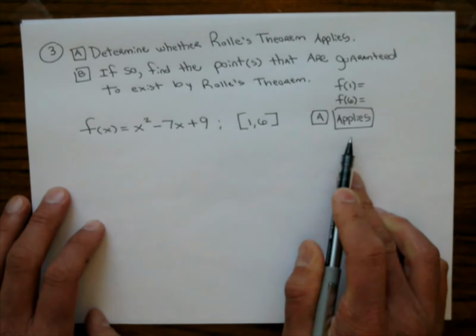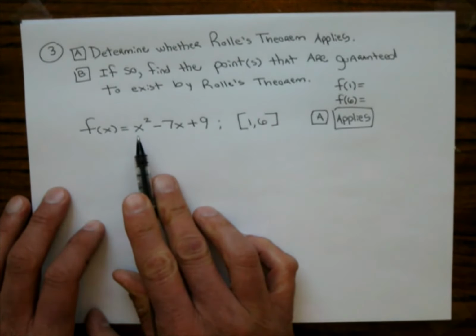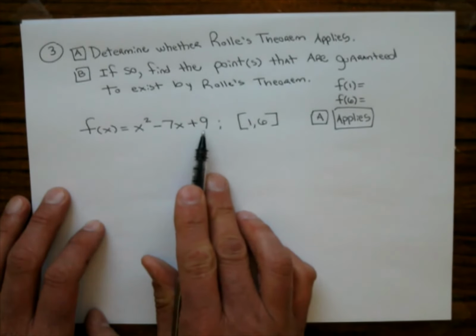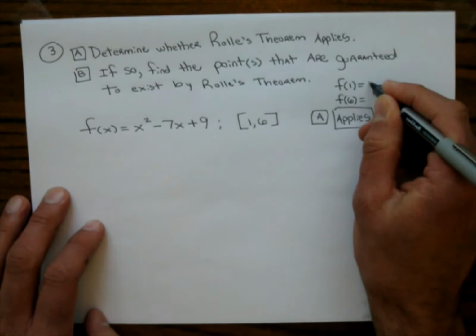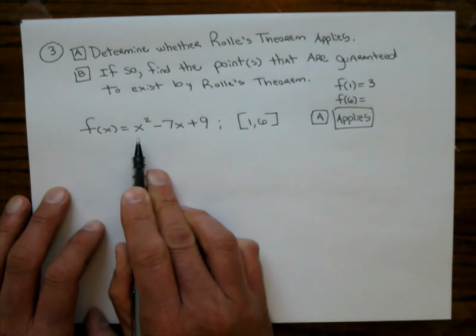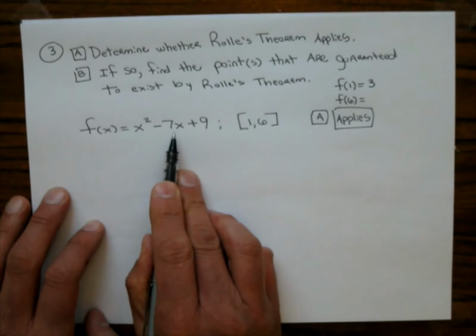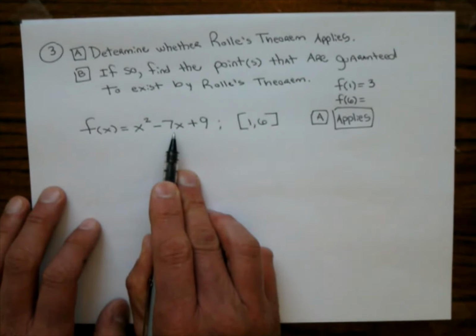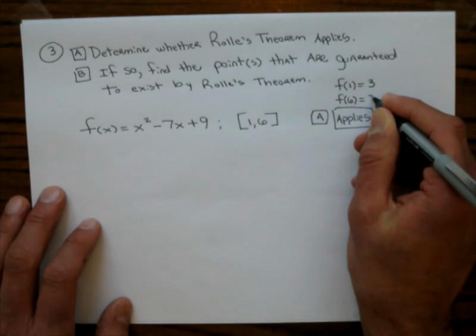So I was bad. I did not check this, and this is one way I'm still seeing if it does apply. If I put 1 in there, I have 1 squared minus 7 plus 9. So it looks like I have 3. And if I put 6 in there, I have 36 minus 42, which is negative 6, and then plus 9, which is 3.